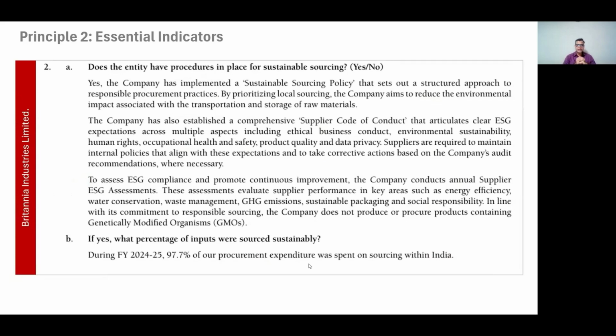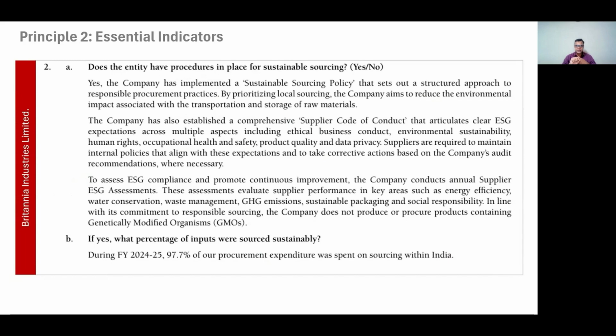Let's take the case of Britannia Industries Limited, which has disclosed in its BRSR report for financial year 24-25 that it has got a sustainable sourcing policy which sets out a structured approach to responsible procurement practices. What does it do? A, it prioritizes local sourcing so that it reduces the transportation and thus the carbon footprint.